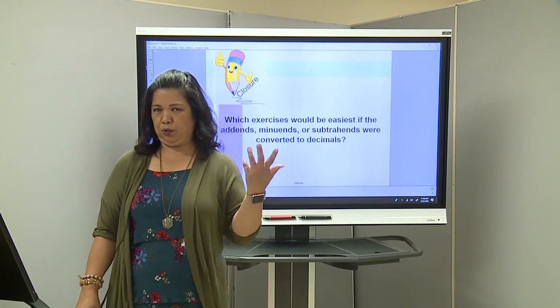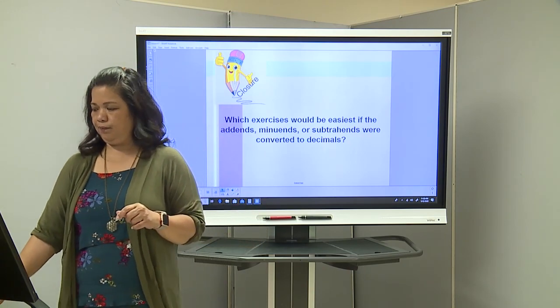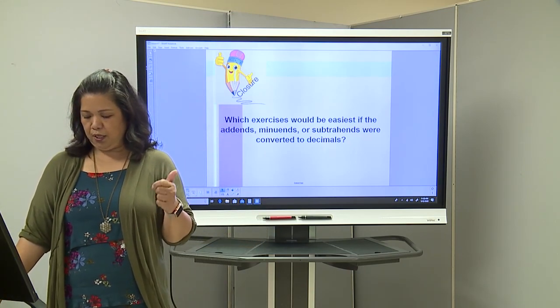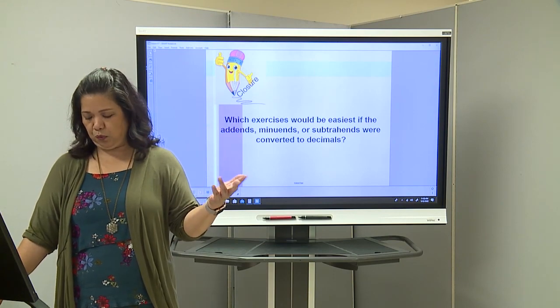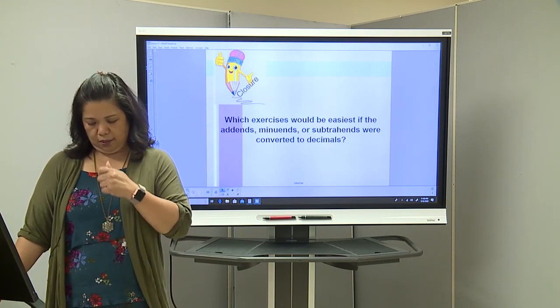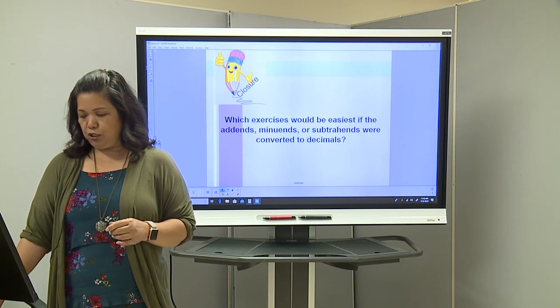Because remember the other one we did it using fraction, okay? So number 1, number 2 exercise, and number 4 are easiest when the numbers are converted to decimals first, okay?